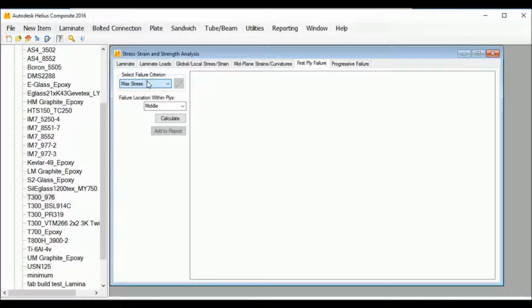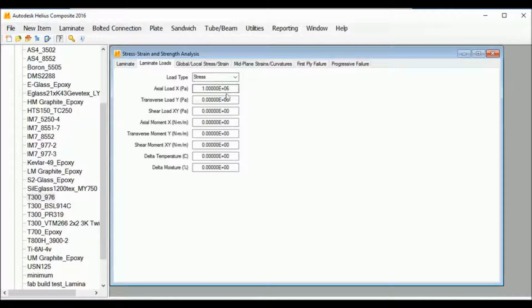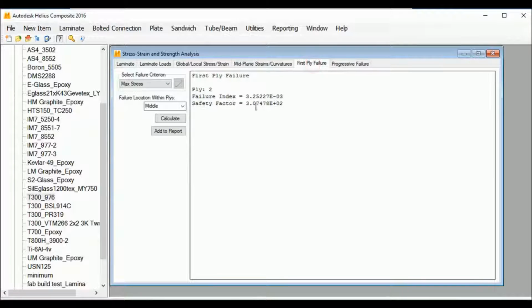So we'll stick to maximum stress for the moment, run the calculation, and this tells us we have a safety factor of 307 for our applied laminate uniaxial load of 1 megapascal. So that means that the effective first ply failure stress for this laminate is 307 megapascals.